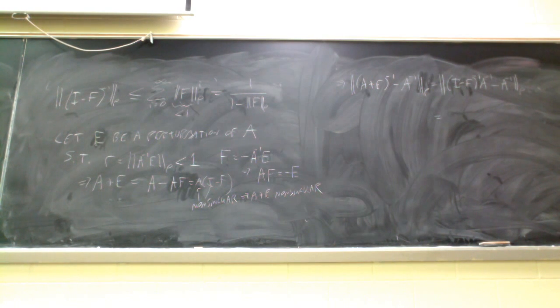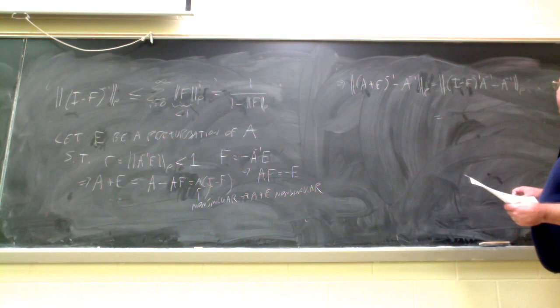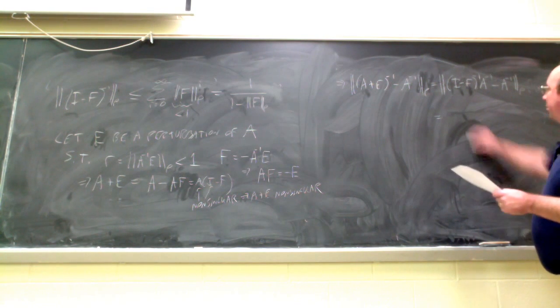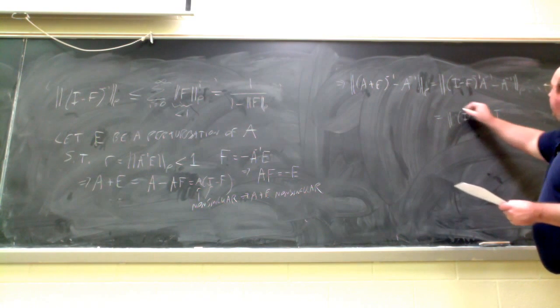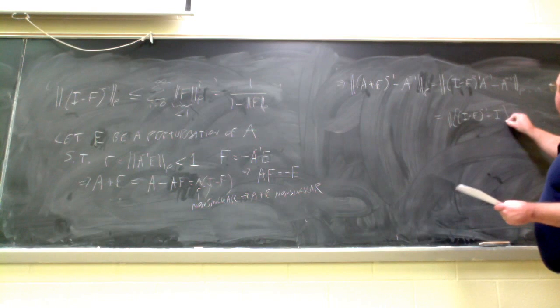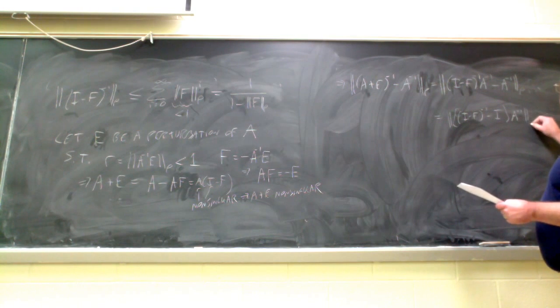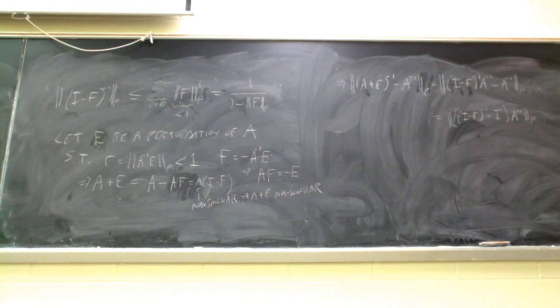Somehow there's two A inverses in here. That's going to drive me batty. But okay, what I could do is factor an A inverse out of a product. Okay, this is really going to annoy me.